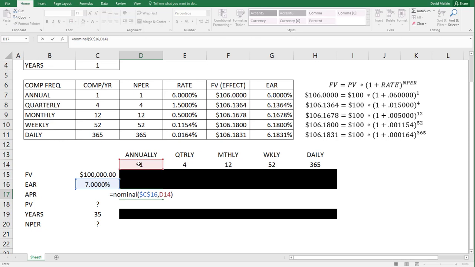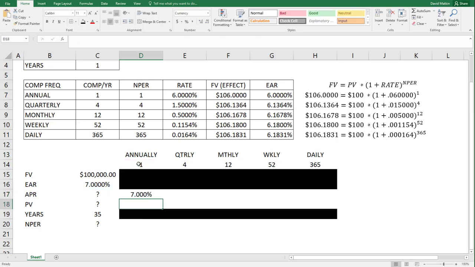The effective rate and the APR are the same thing if we're only compounding annually, because if the effective rate every year is 7%, then the APR that's equivalent to that is 7%, because the compounding happens every year. But if we move that over to quarterly, we're going to see the APR that is equivalent to this EAR, or this effective rate of 7%, being something smaller than 7%.